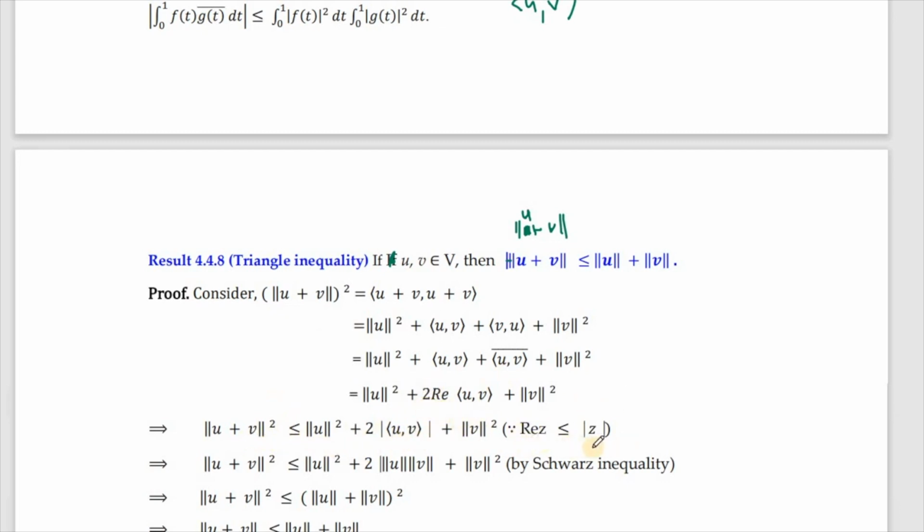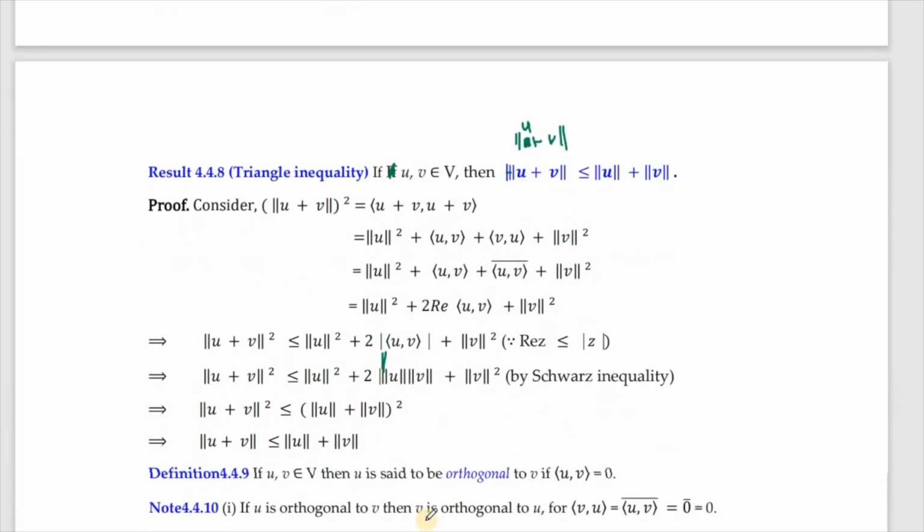Again the same result, real part of z is less than or equal to mod z, so using that we get this, and by Schwarz inequality this has to be less than or equal to norm u into norm v. This is of the form a square plus b square plus 2ab, so norm u plus norm v the whole square. So from which we get norm of u plus v is less than or equal to norm u plus norm v.